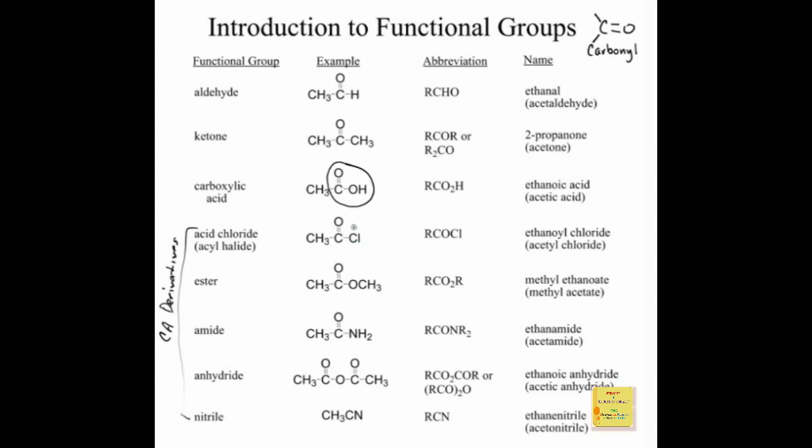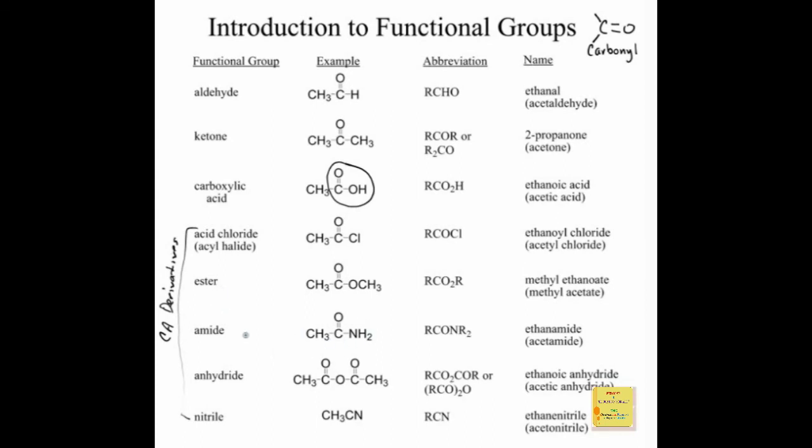So if you have a halogen, we call it an acyl halide, or maybe an acid chloride, for example, if it's a chlorine. If you have an OR group here, it's no longer an ether. When there's a carbonyl and an OR, we call that an ester. Notice how similar these names are. So a lot of this nomenclature really comes down to being very familiar with subtle differences in names.